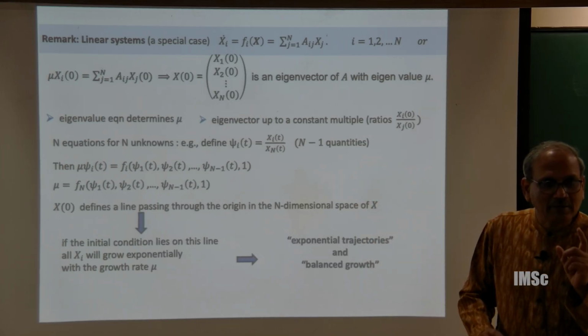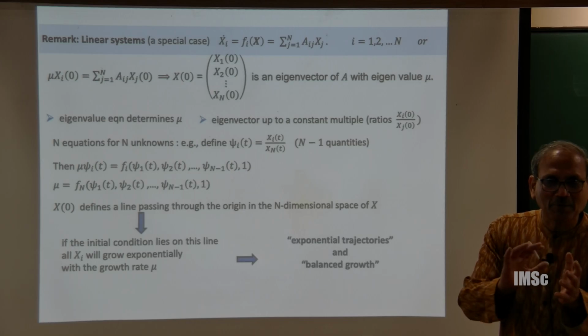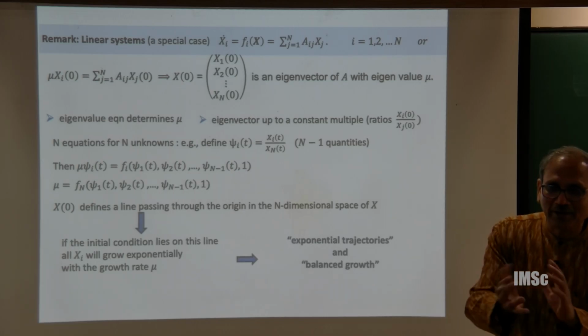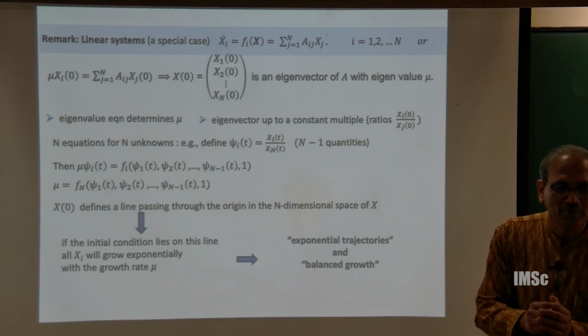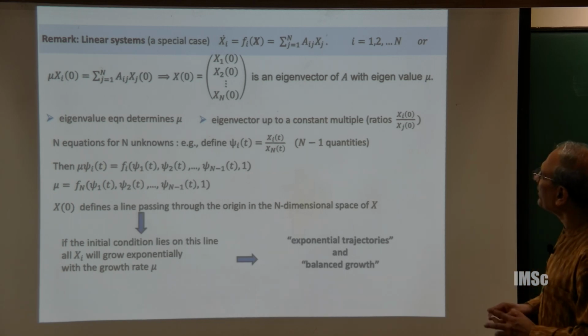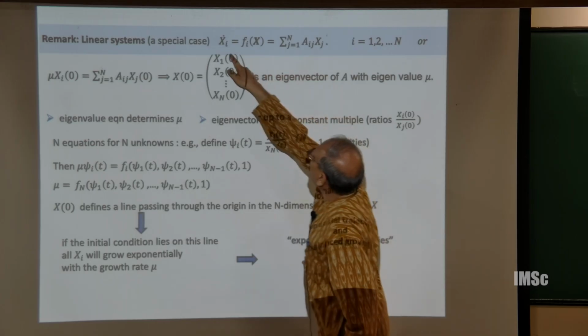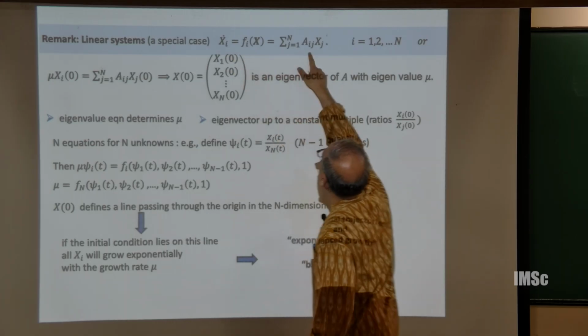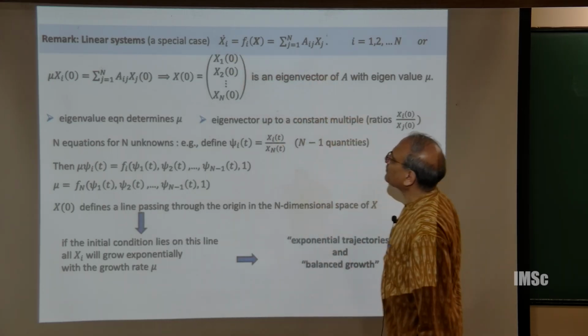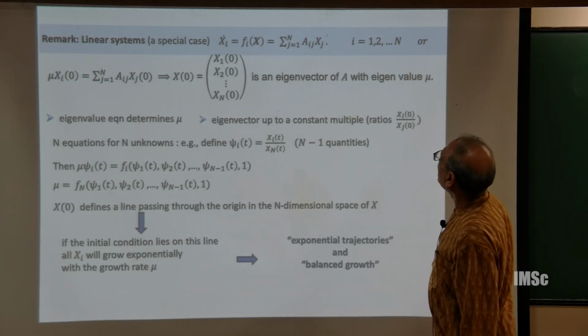And we can ask, what exactly is the comparison between the linear systems and the nonlinear systems that we are talking about? Okay. So notice that in the case of linear systems, you have xi dot is equal to aij xj, right?